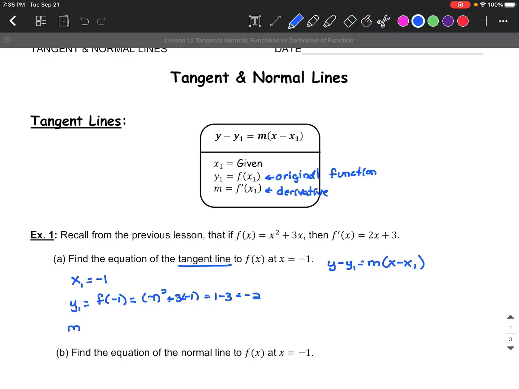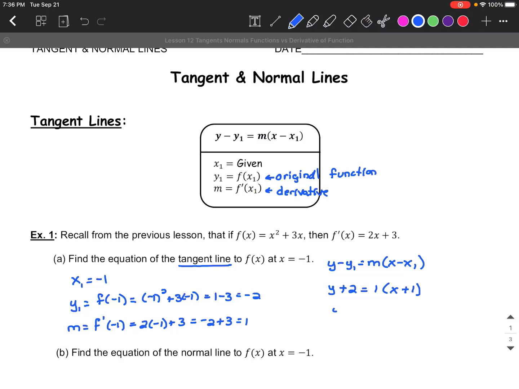Then the third piece of information is the slope of the tangent line. For the slope of the tangent line, we take the x value and plug it into the derivative. So this time it's 2 times negative 1 plus 3, so negative 2 plus 3, or just 1. So now we have y minus our y value, which is negative 2, so that becomes plus 2, equals our slope, 1, times x minus the x value, which is negative 1, so that becomes plus 1.